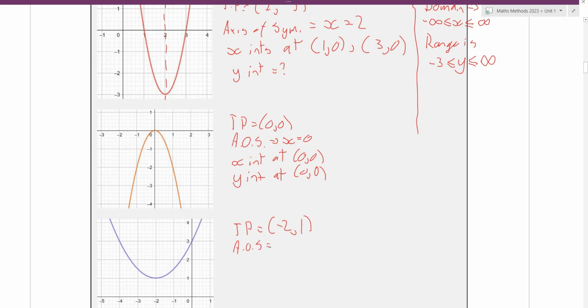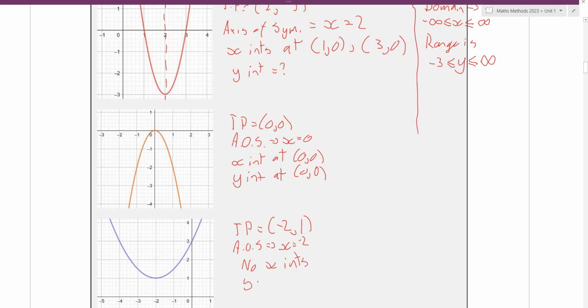X equals negative 2, excellent. My x-intercepts. Where are my x-intercepts? There are none. Doesn't cross the x-axis, so no x-ints.